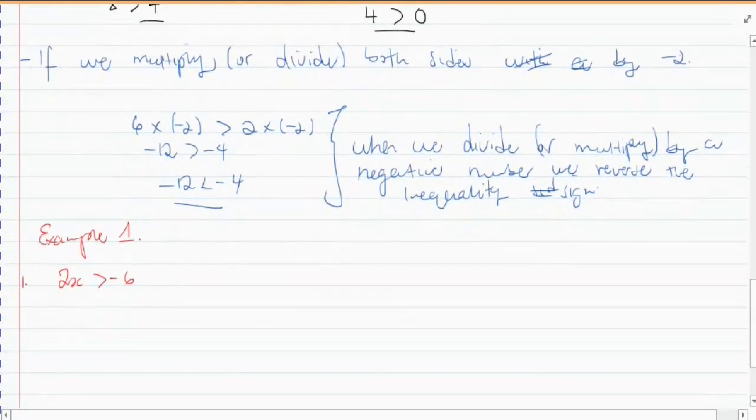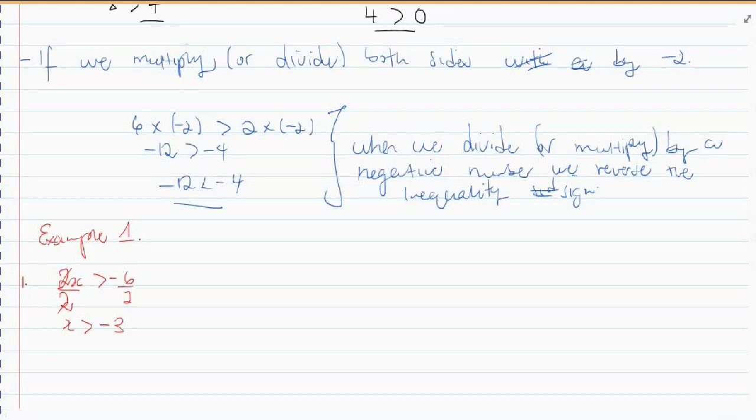If we're looking for x, we have to divide both sides by 2, or multiply by the inverse. So 2 cancels 2, and we end up with x bigger than negative 3. We don't reverse the sign because we divided by a positive number.